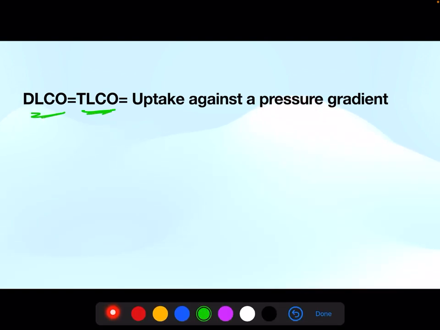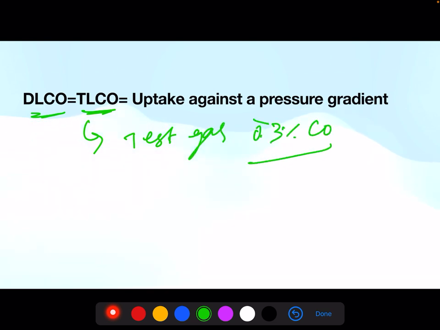This is basically the same entity, which is uptake of a substance against a pressure gradient. When we determine it, we use a test gas, which is 0.3% carbon monoxide.